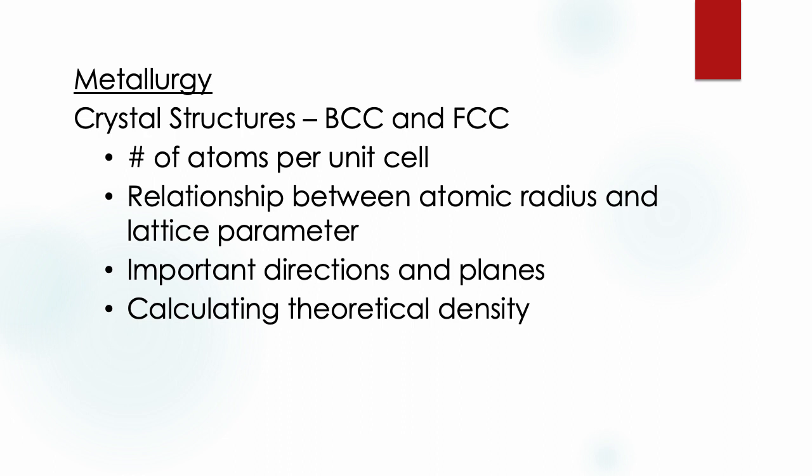And we'll talk about, for each of those, how many atoms are in a unit cell, the atomic radius ratio to the size of a cell, planes and directions. This will all make a lot more sense once I get to it. And then how to calculate the theoretical density.